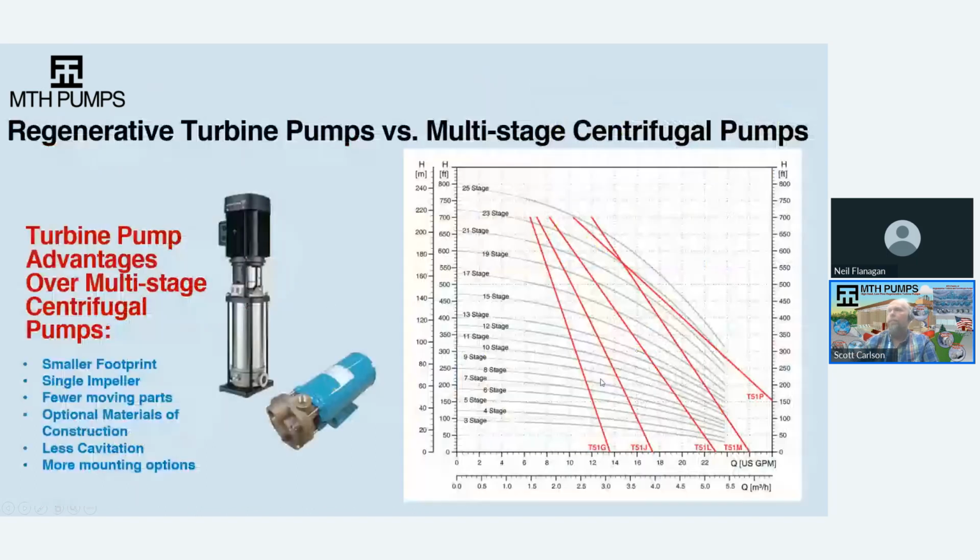An example: here's a multi-stack centrifugal pump compared to a single stage regenerative turbine pump. You can see that regenerative turbine pumps in some cases can replace up to 25 stages on this particular example.